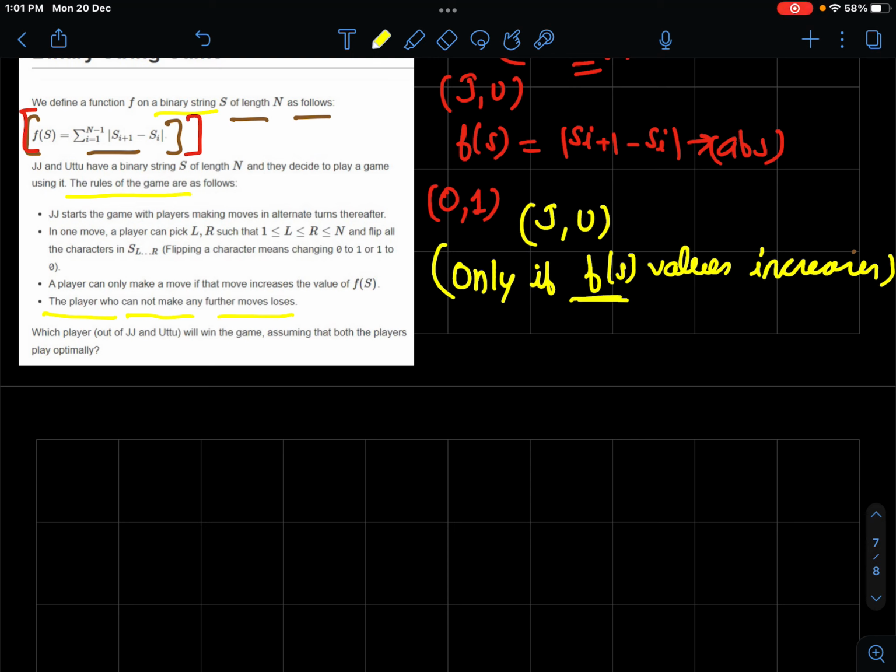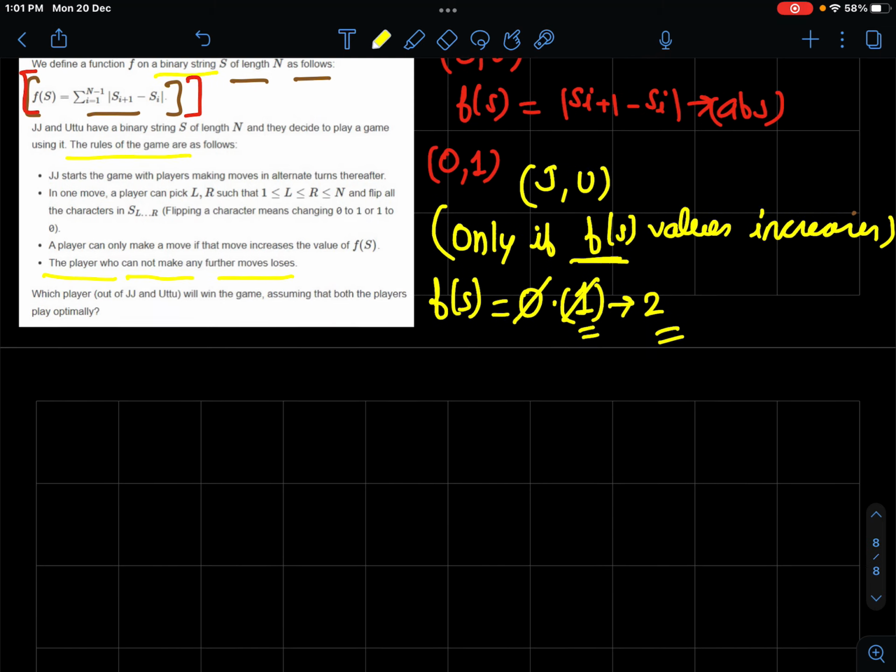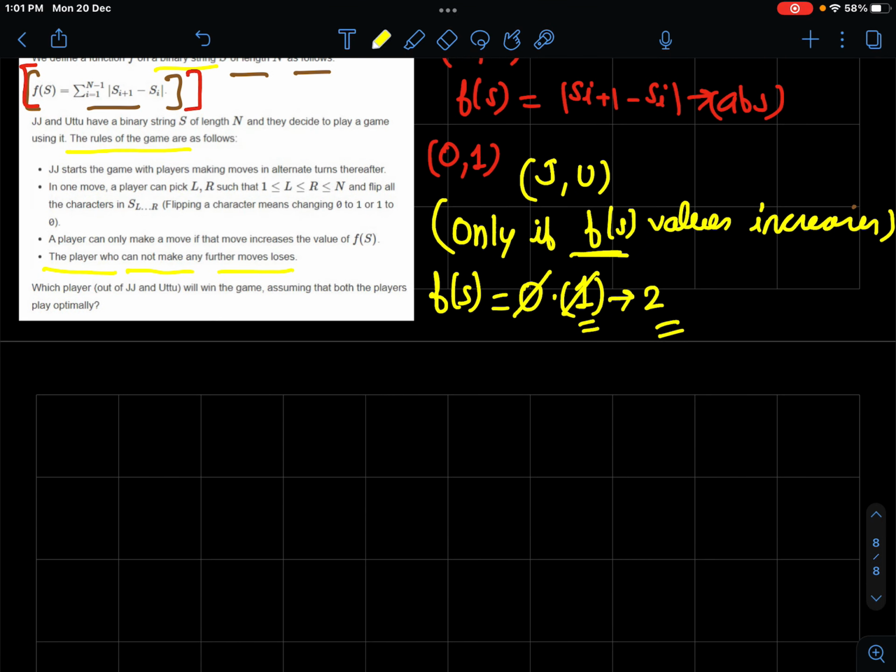So suppose Fs is 0. If Fs increases to 1, then only we can make our move, or if Fs increases to 2, then only we can make our move, otherwise we can't make our move. So to make a move, Fs should increase.